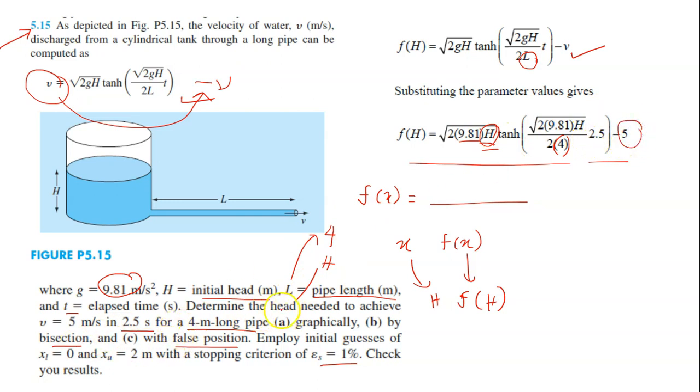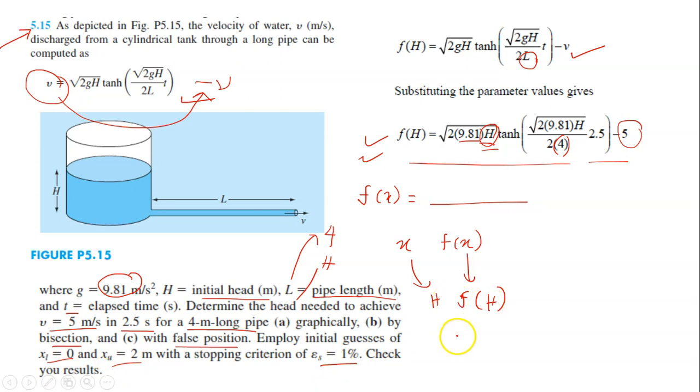Because given here, the velocity is 5 meter per second. And then once you've got all this starting equation, you can solve your bisection and false position method, and you can employ the value of the initial guesses XL and XU. So in this case, this is HL and HU. And then stopping criterion 1%.